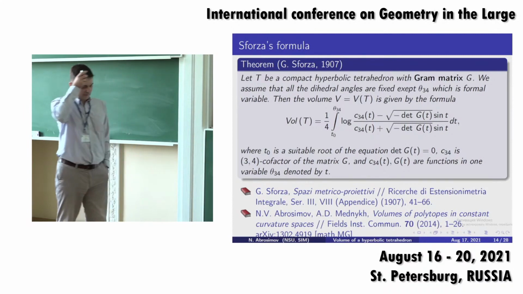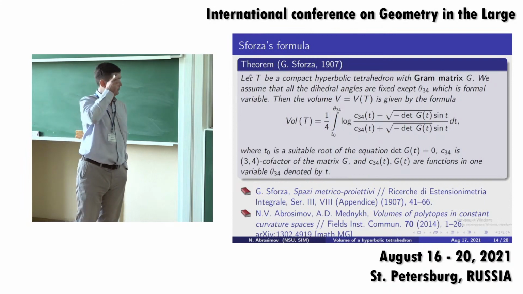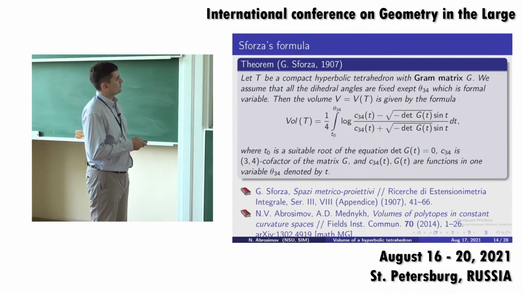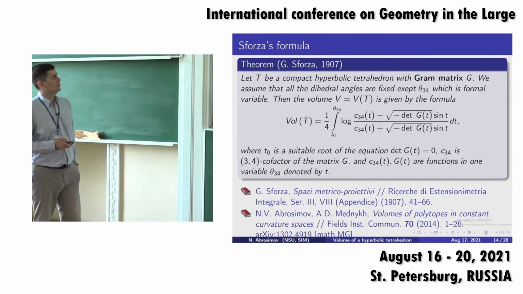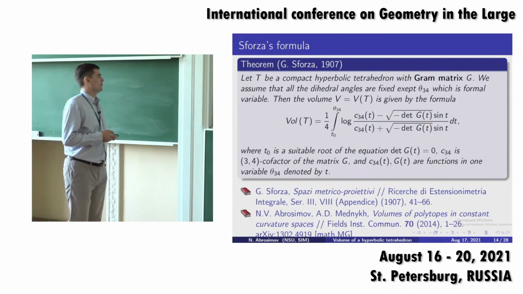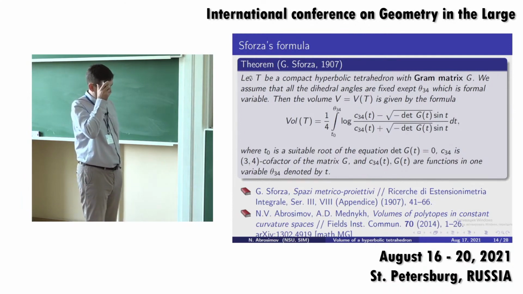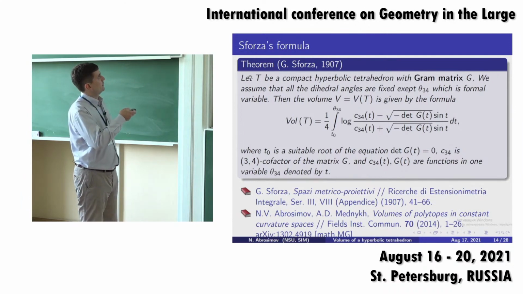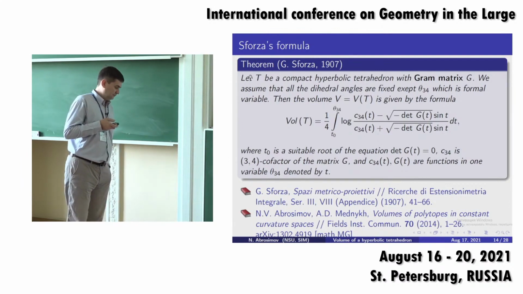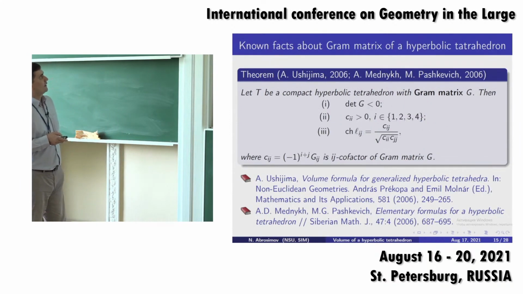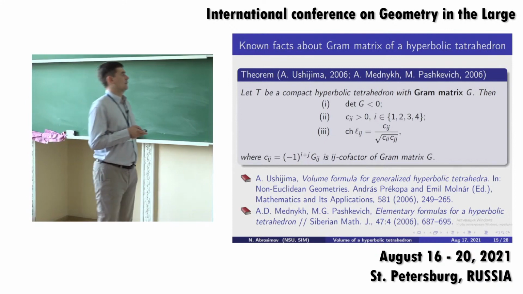A new and simple proof of this formula was given in our paper with Alexander Mednykh. And what do we use to produce the proof? Of course, we use the Schläfli formula, and we use the main trick by Sforza. And also, yes, we need the following properties of the Gram matrix.